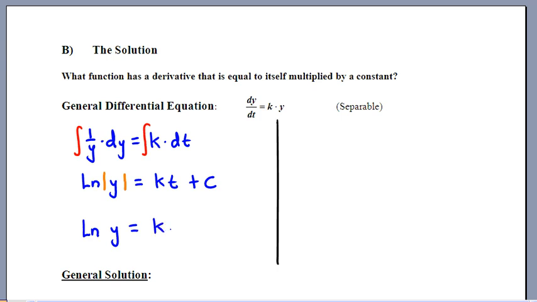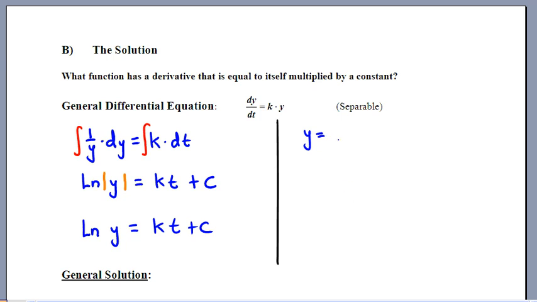So I've got ln of y is equal to kt plus some sort of constant. I want to know what y is, not what the ln of y is. And we've seen this before, just on the previous page, where if you want to get to y at this point, you can exponentiate both sides. And then you would have on the left side just a straight up y.